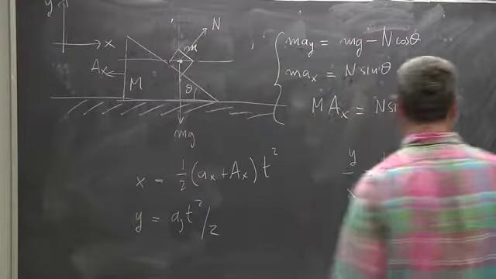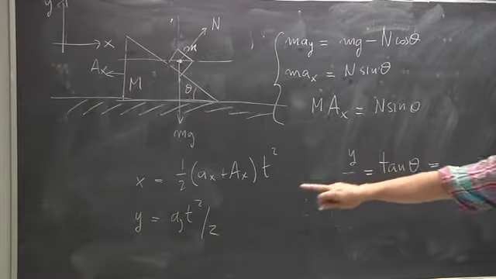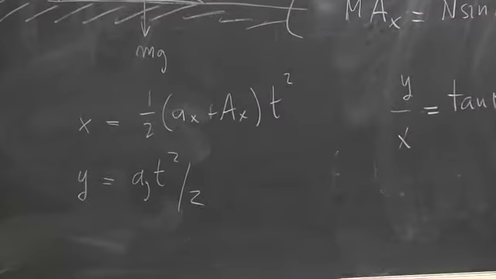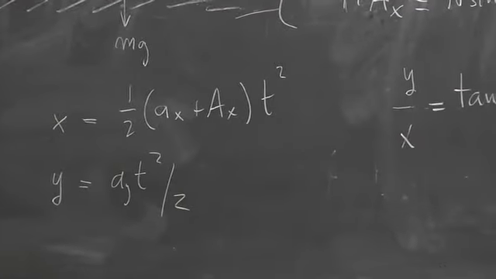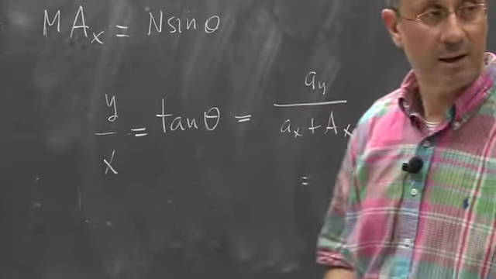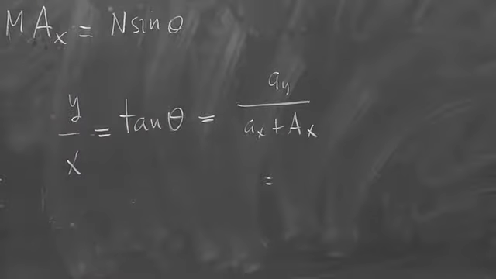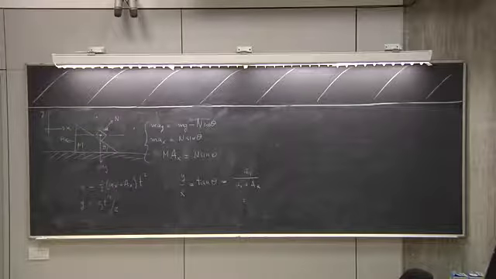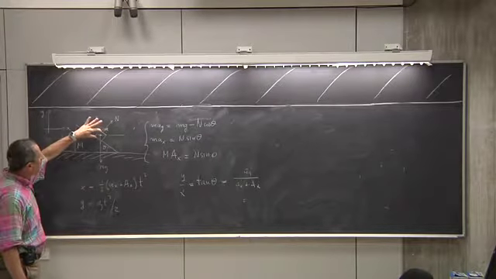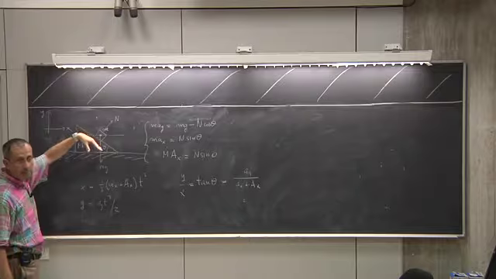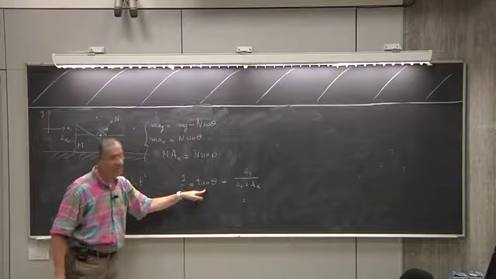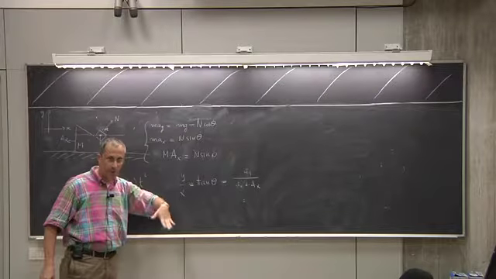And then you see, now I plug in y over x, the t squared simplifies, and I get simply a_y divided by a_x plus big A_x. And this is my fourth equation. So in other words, my fourth equation comes simply from the requirement that as this little block moves, it stays on top of the big one, by this constraint here, that the ratio between these two quantities must stay equal to the tangent of that angle.